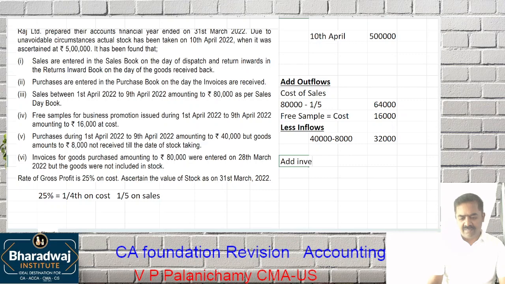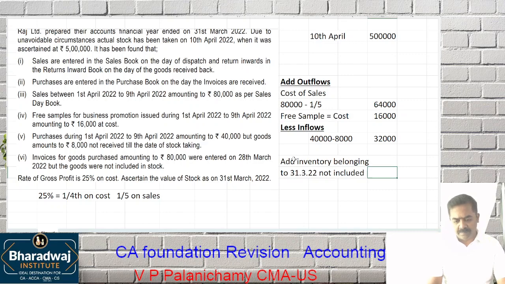Add inventory belonging to 31st March 22. Not included. எவ்வளவு include பண்ணணும்? 80,000 you have to include. So that is like an error. You have not included, include it now. So this will give us value of stock on 31st March 2022.